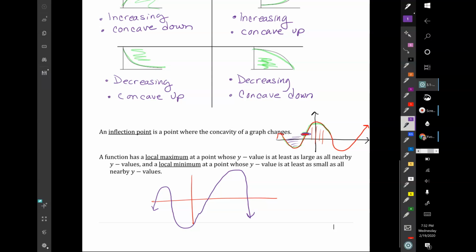This would be my local minimum, right here. And my inflection point, just to reiterate, is right about here. Just happens to be near the axis. And then this would be my local max, that peak of that curve.